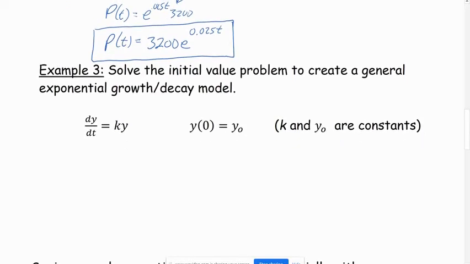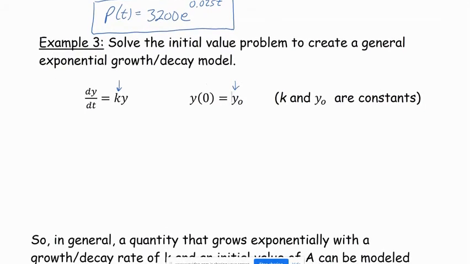So what we're going to do in example 3 is the same exact thing, except we just have some constant k. Instead of having the growth rate of 0.025, we're going to do it in the general case with k, and our starting value of our population is y sub 0. Those are just given constants.